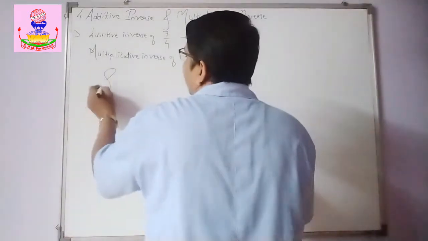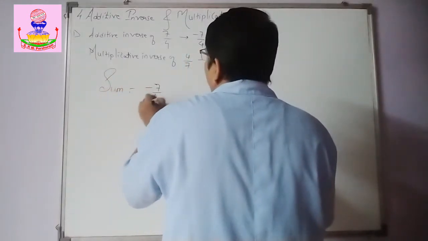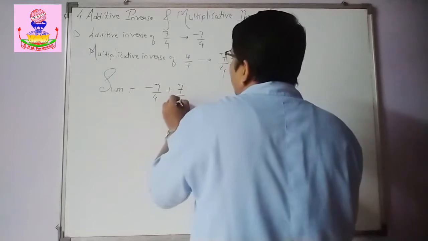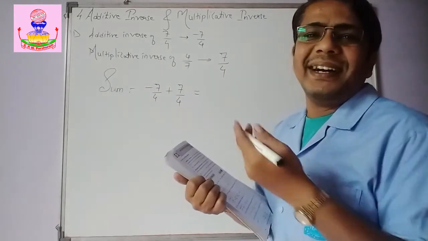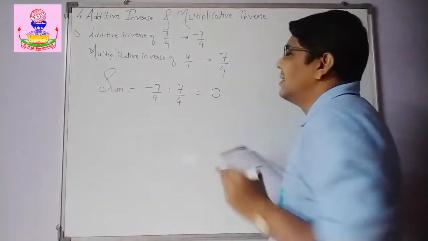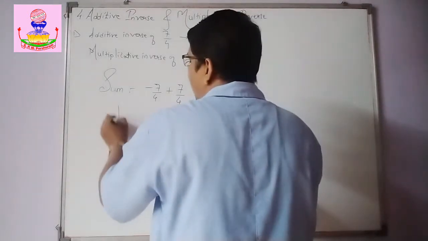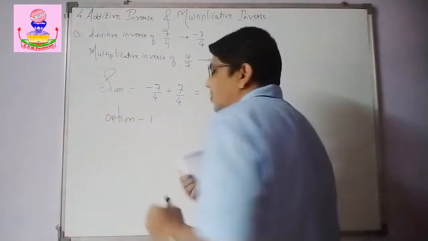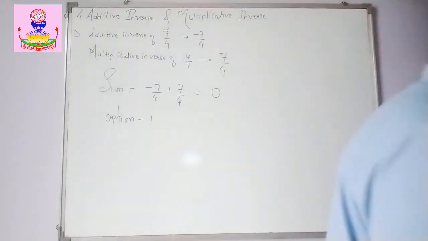So there's sum. So minus 7 upon 4 plus 7 upon 4. What is the answer? Yes, they are what? Additive inverse. So sum is going to be 0. And so option number 1. Option 1 exactly. Okay. So sum is 0.